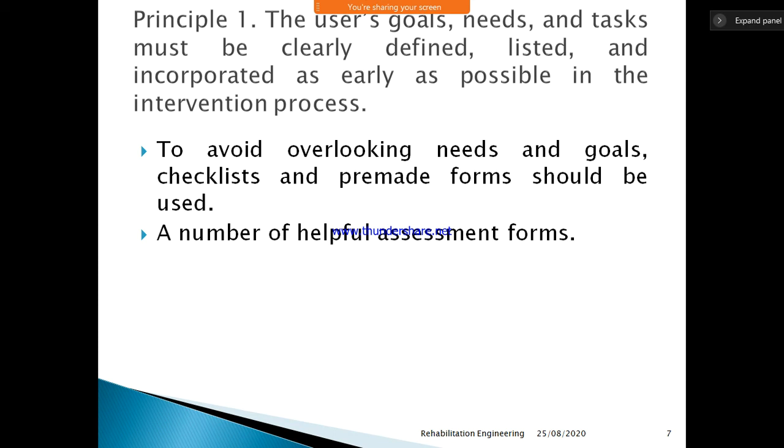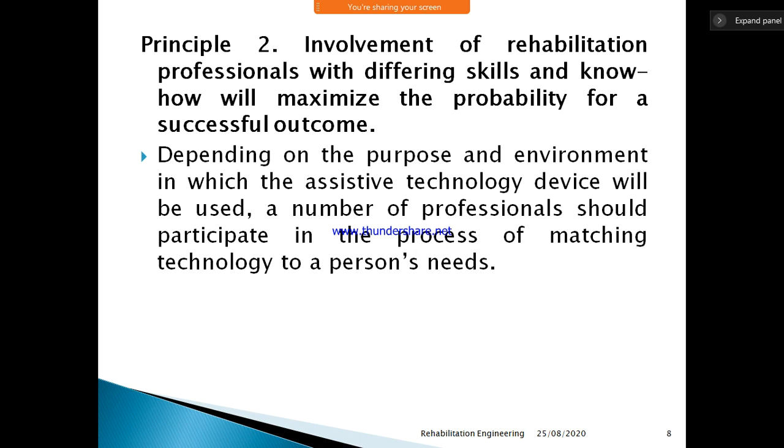So the first principle, what it tells us is that the user's goals, needs, and tasks must be clearly defined. Before going for the rehabilitation procedure, you need to give a checklist to that person, and that person should fill up that checklist or forms.